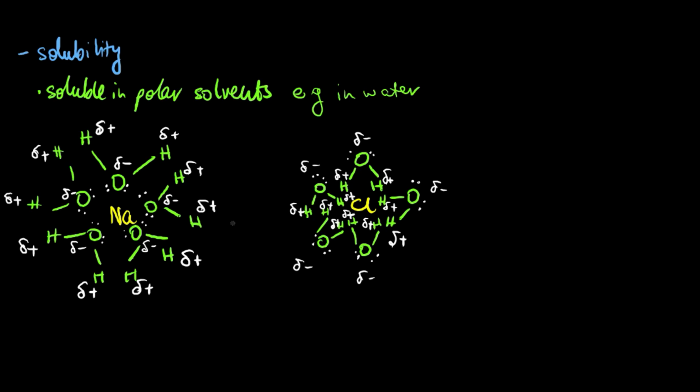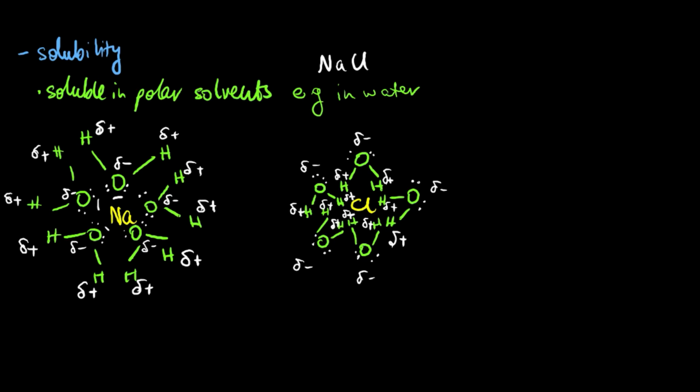Now, suppose the example of NaCl, a very common ionic compound, which we use literally on a day-to-day basis. We know that water has molecules of H2O in it. The sodium ion is a positive ion, and so the delta negative oxygens of the water molecules will be attracted towards it.